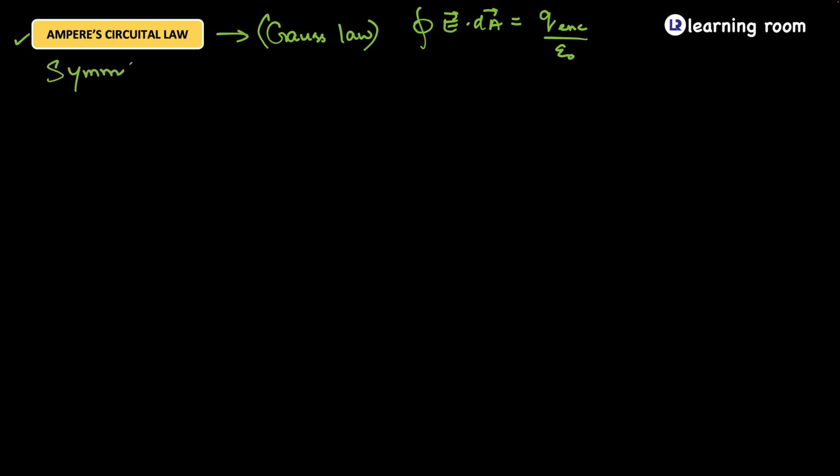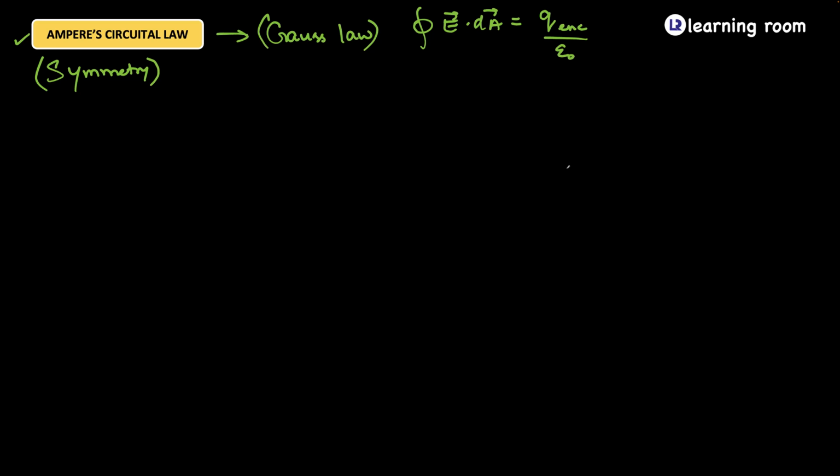See, generally, when you take any of these chapters where you need to calculate fields, basically you will have two laws associated in that chapter. Like if you take the first chapter, to calculate the force between two charges, we had Coulomb's law.